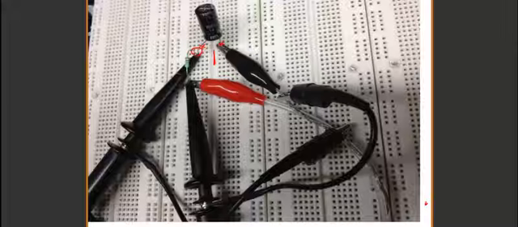And then when you connect the function generator, the red and black cables coming from the function generator, make sure the black is connected to the negative side of the capacitor, and of course the red is connected to the other side of the resistor.